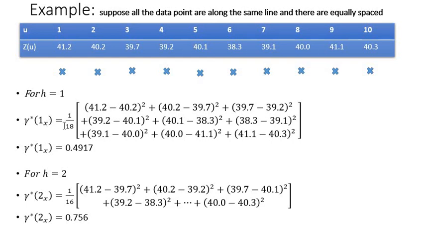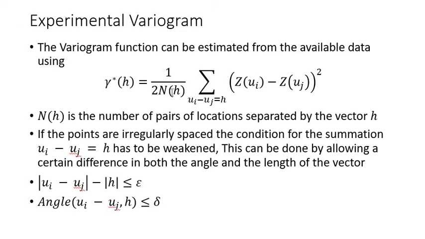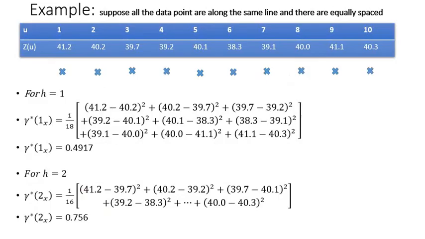So this will be equal to 1 over 18. Remember, what is N(h)? N(h) is the number of pairs of locations separated by vector h. So how many pairs do you have that are separated by vector h?